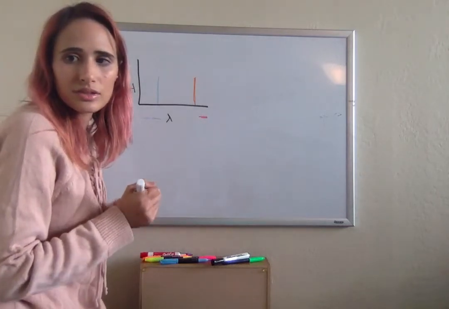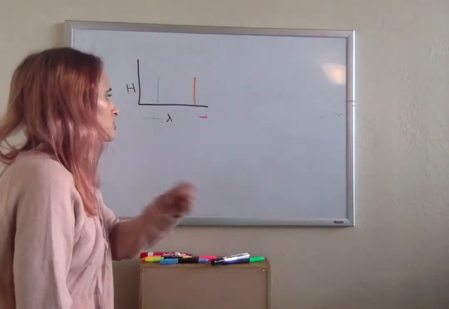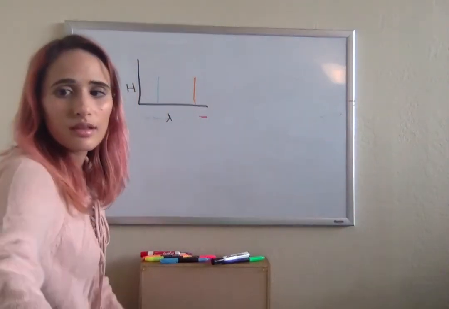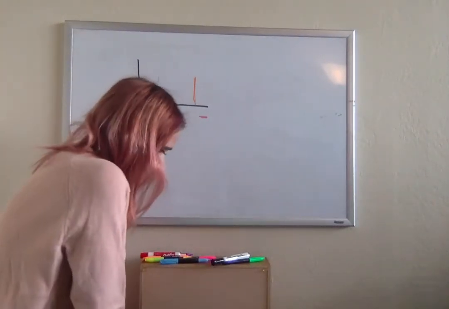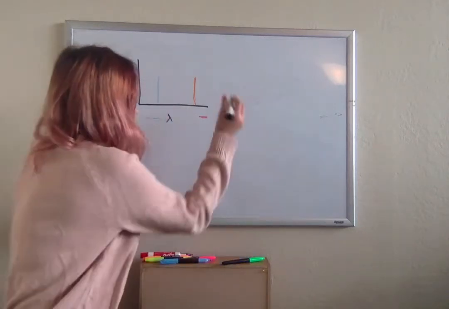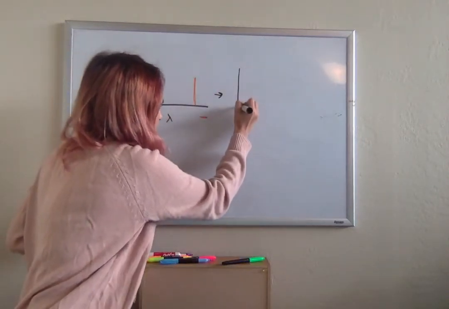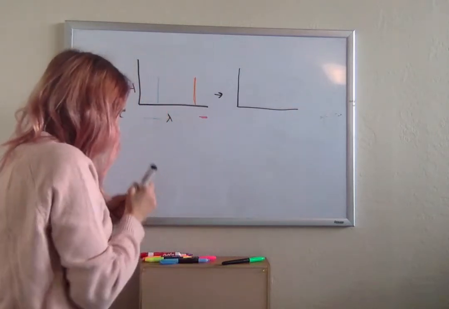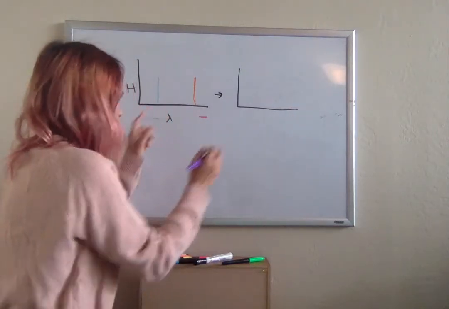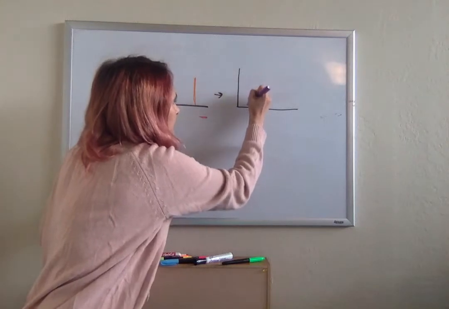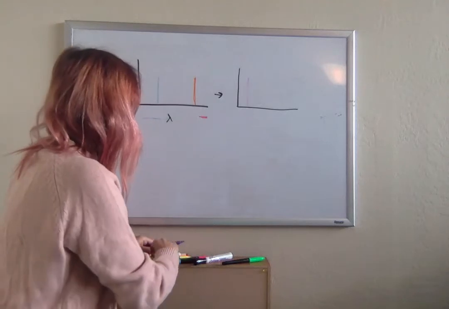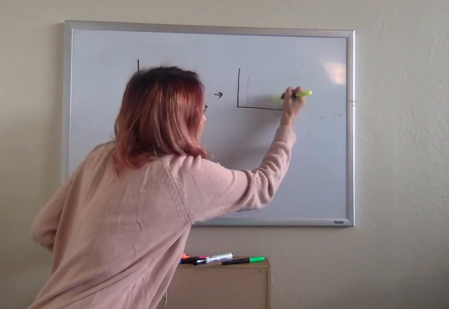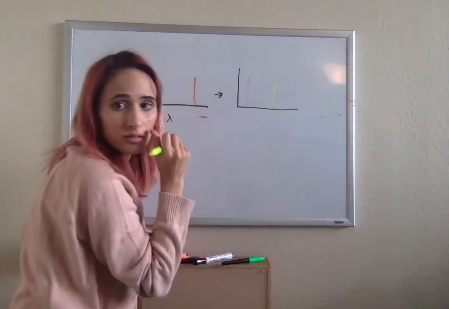So if this hydrogen atom is moving towards me, then his wavelength is going to get shifted. And when I measure his wavelength, everything's going to be moved over. So this blue line is now going to be in the purple area, and the orange one got moved into yellow. But the pattern stayed the same, right?